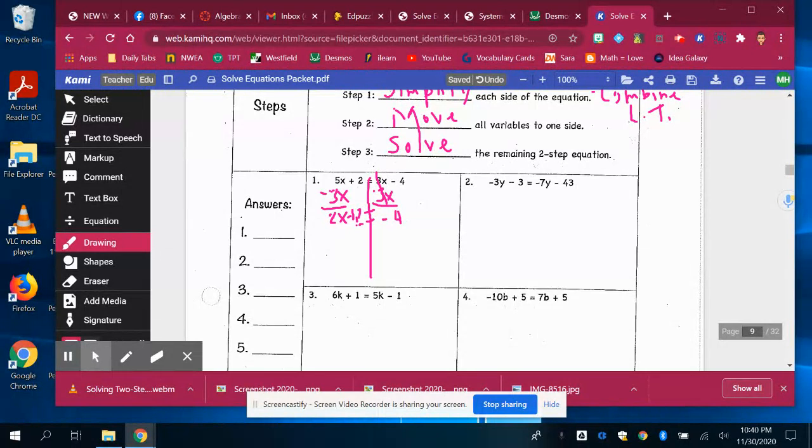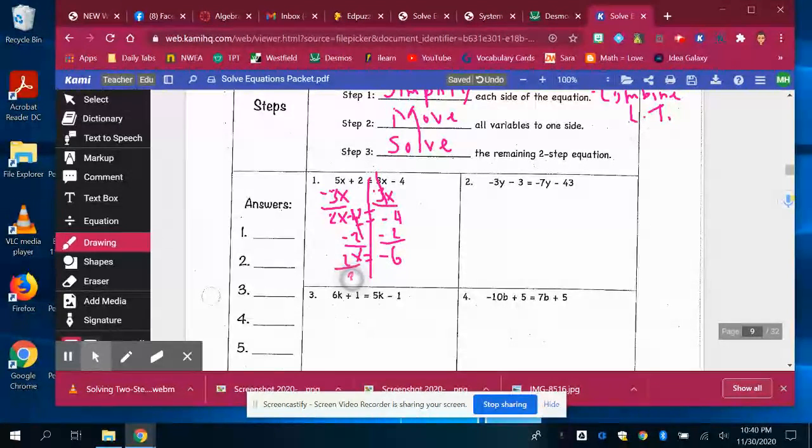So at this point, I have a two-step equation. I have 2x plus 2 equals negative 4. I apologize, I know that's really hard to read. I'm going to subtract 2 from both sides. I get 2x equals, I have negatives plus more negatives gives me even more negatives. 4 plus 2 is 6.